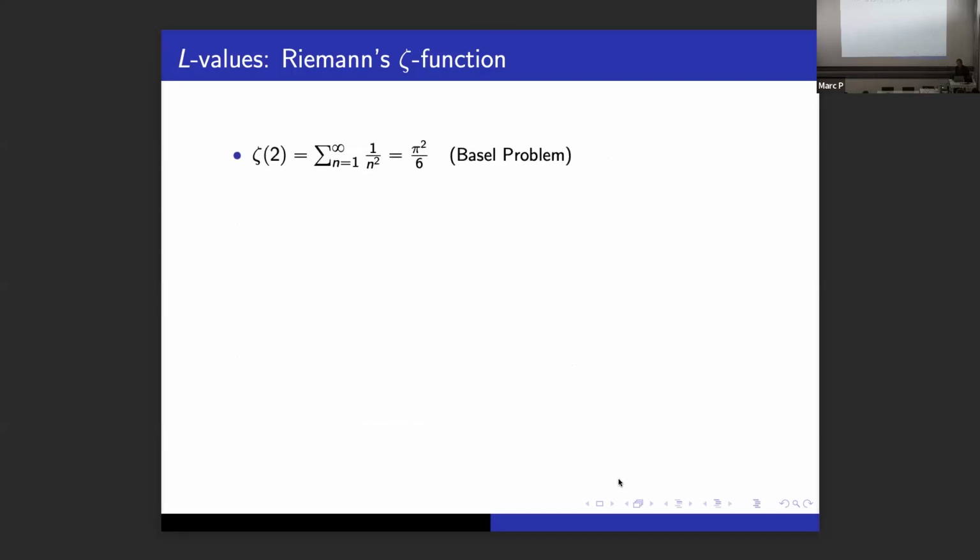All right, so what about values of L functions? Well, it might not be a bad idea to begin with the famous Basel problem, which was to evaluate the sum over the reciprocals of the squares of positive integers, famously resolved by Euler. We can think of that as the value at 2 of the Riemann zeta function.